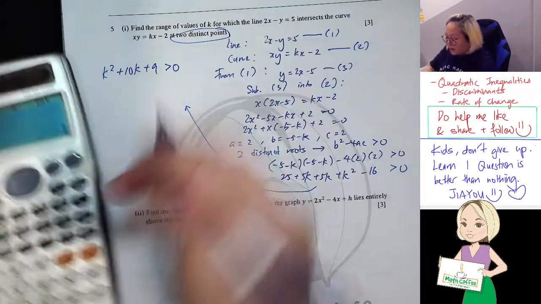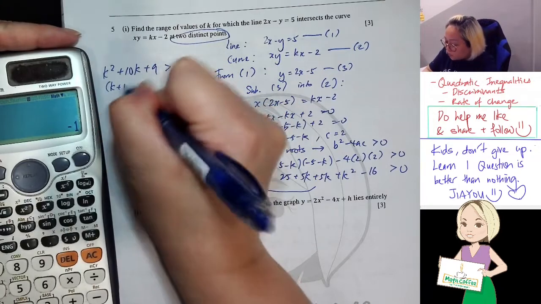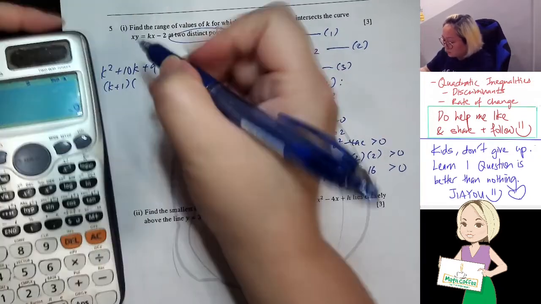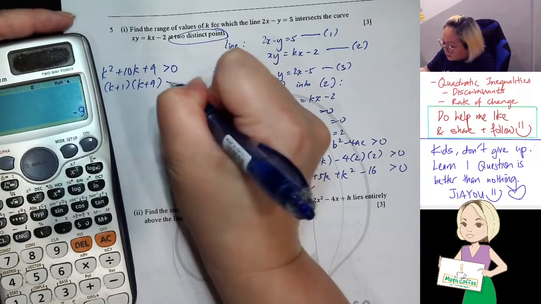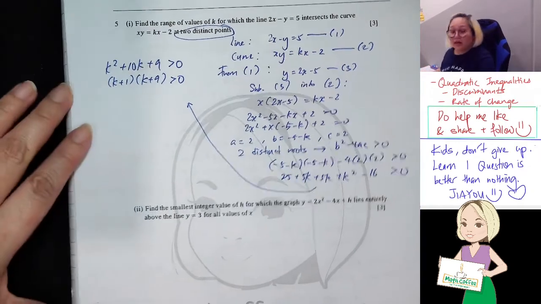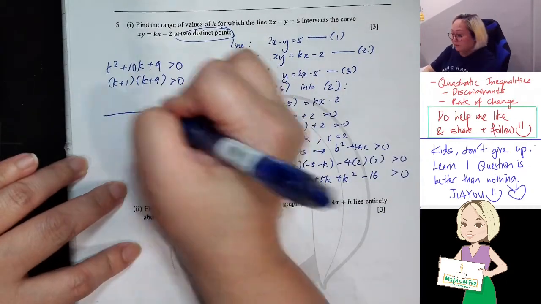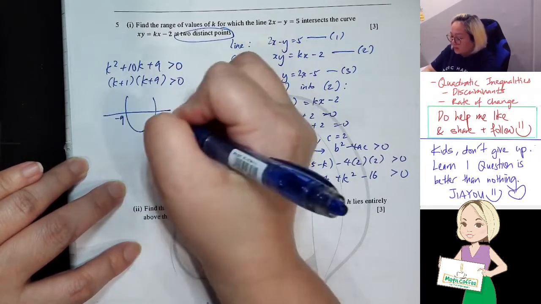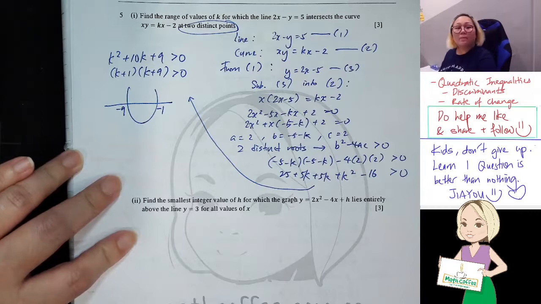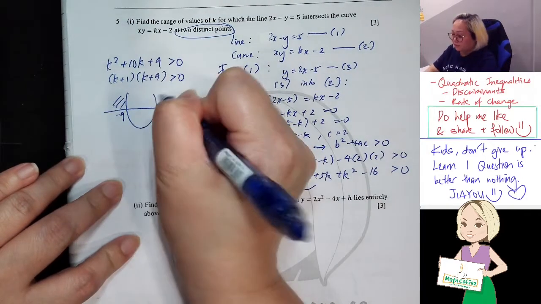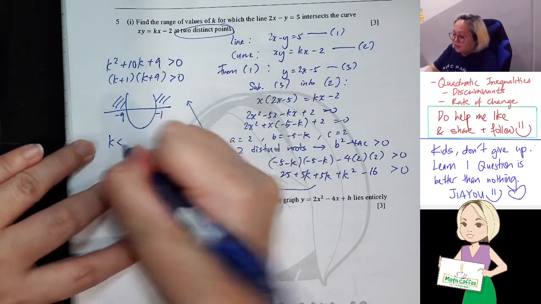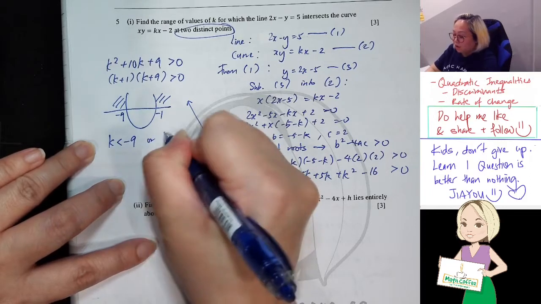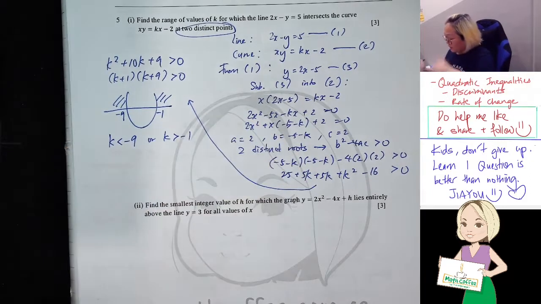So I will have (k plus 1)(k plus 9) more than 0. Okay, draw our diagram. Label, so it's minus 9 and then minus 1. More than 0, shade the corner. So therefore, k is less than negative 9 or k is more than negative 1. Done.